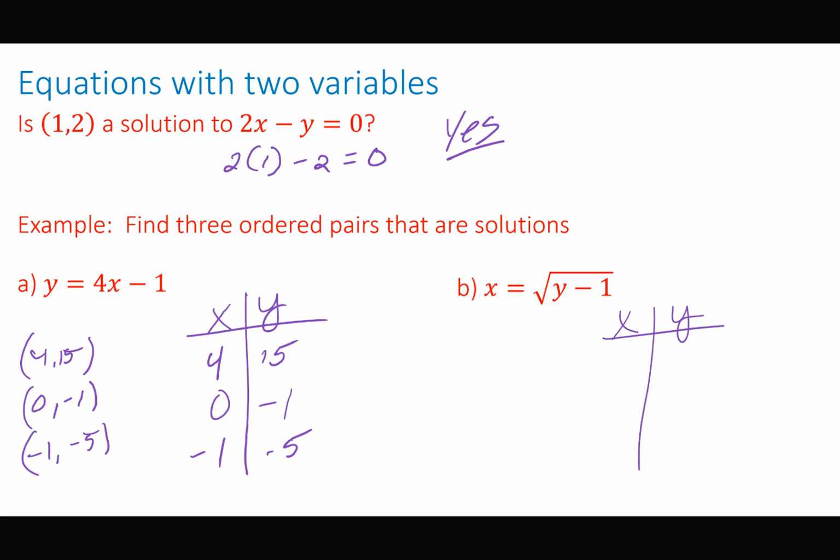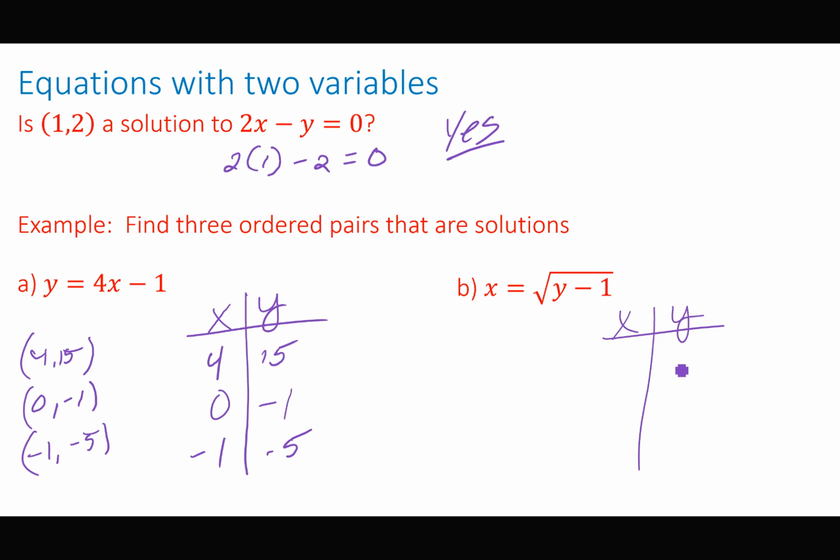Gabe, what would be my input on this? Would I choose an X value or a Y value? Okay, so give me a Y. Any number that you're going to do the math for.